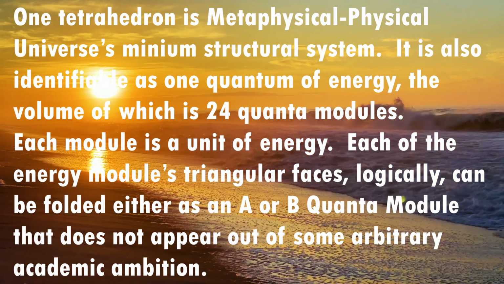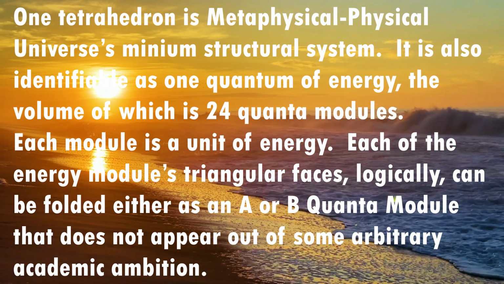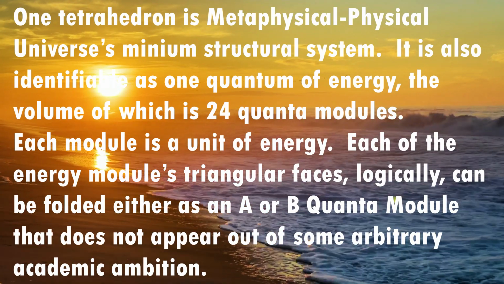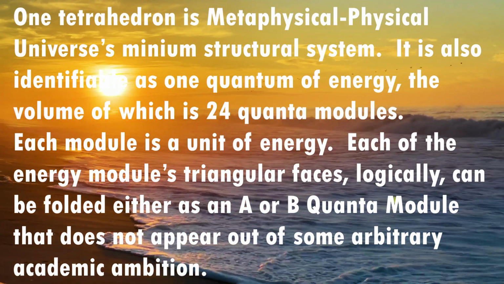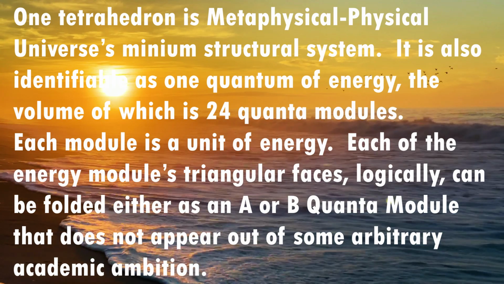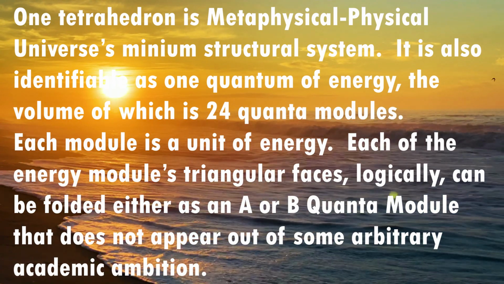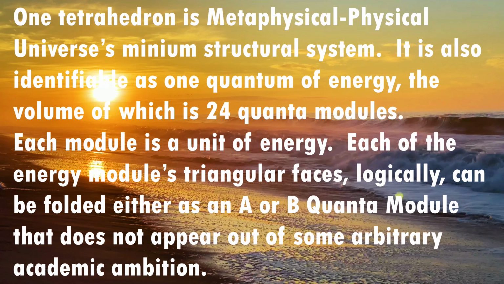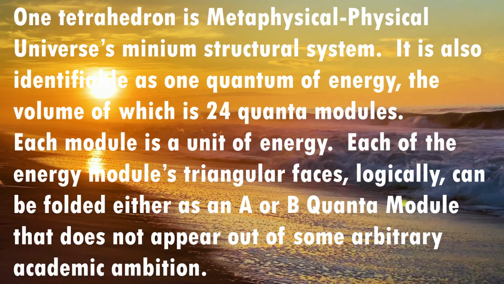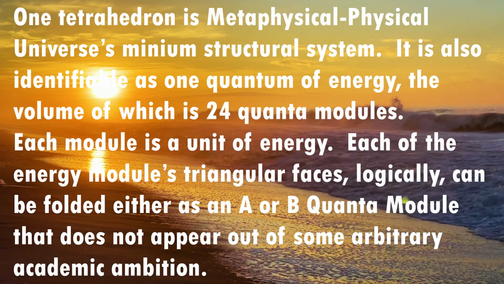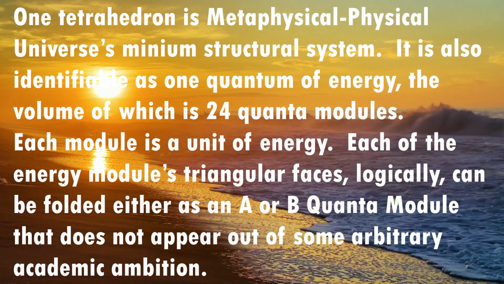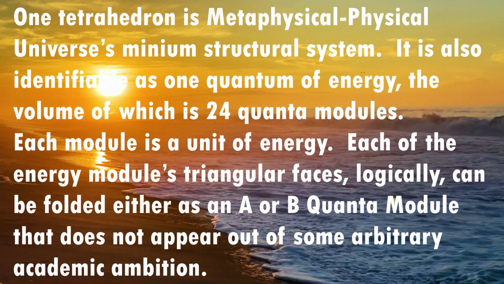Each module is a unit of energy. Each of the energy modules' triangular faces logically can be folded either as an A or B quantum module that does not appear out of some arbitrary academic ambition.